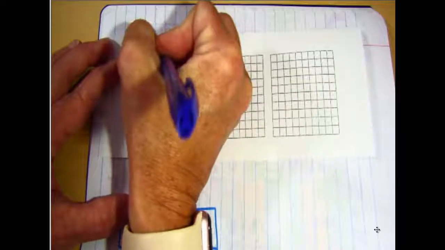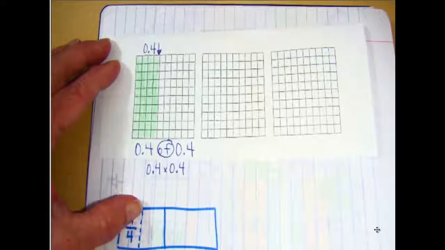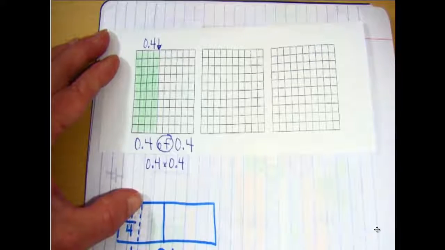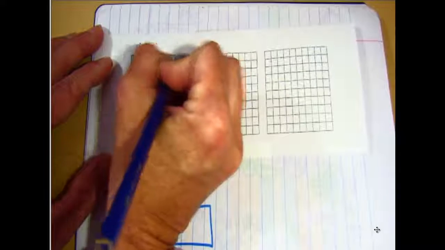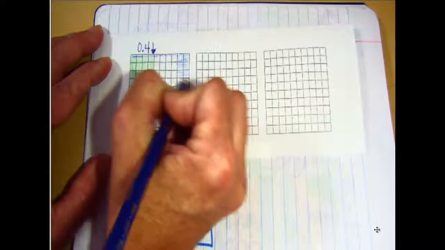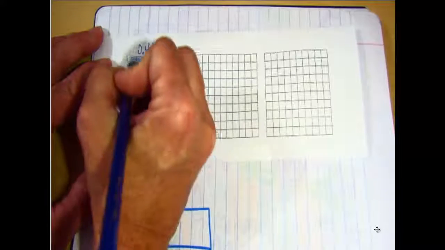So my first step is to shade 4 columns down, and then I'm going to take my second color and I'm going to shade it in horizontally. So when I shade 4/10 this way, if you've done it correctly, you're going to have an area that you shade in 2 times.